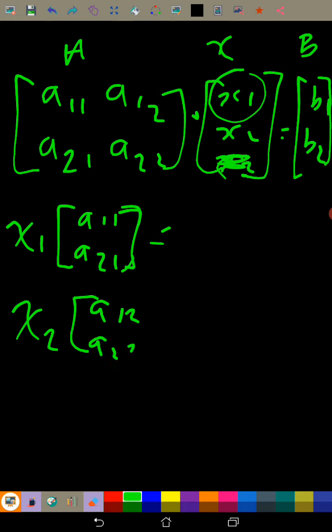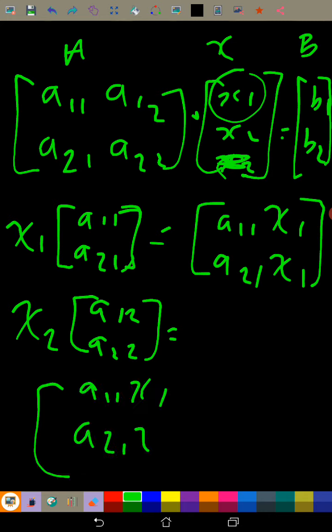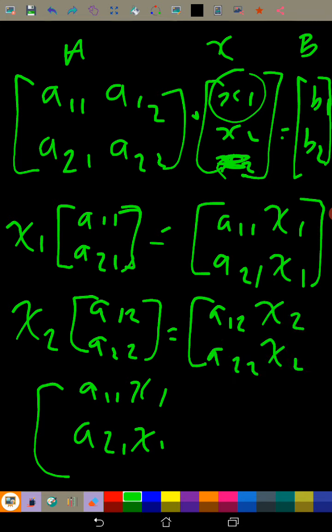A12, A22. And then you get the result here: a11 x1, a21 x1, and here you get a12 x2, a22 x2, and then you put it here: a12 x2, a22 x2.